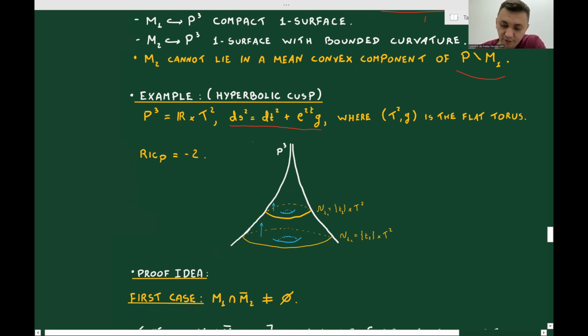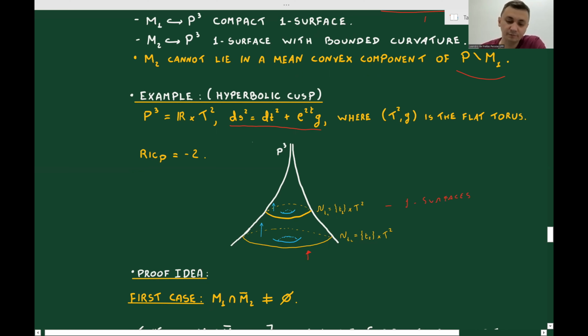It's very easy to compute that the Ricci curvature of this manifold is -2, and also we have that the slices of P3 are minimal surfaces, and of course you can see that this first minimal surface here is in the mean convex side of this surface below.